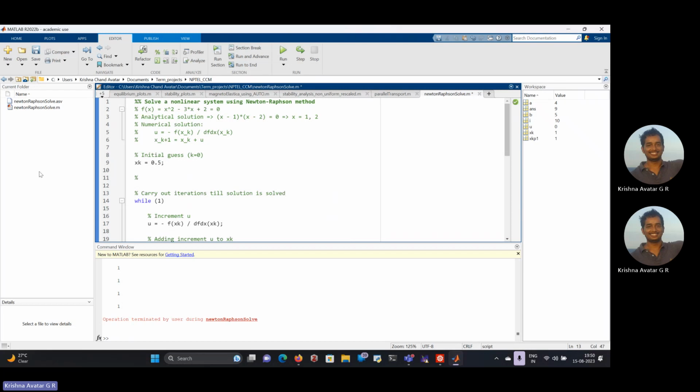However, we just saw that even if you carry out iterations till the solution is obtained, it doesn't stop. So now we have to define something known as a tolerance. I don't want the exact answer. I just want the difference to be very close to 10 power minus 6.